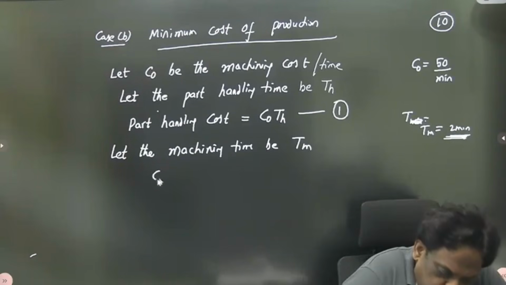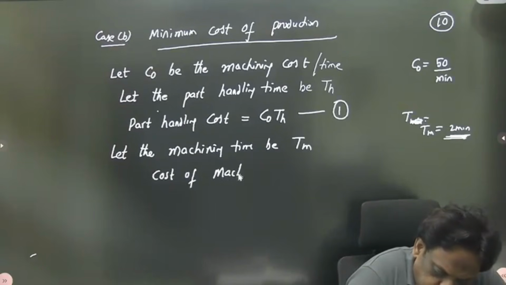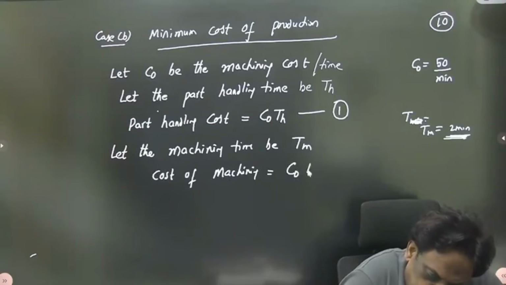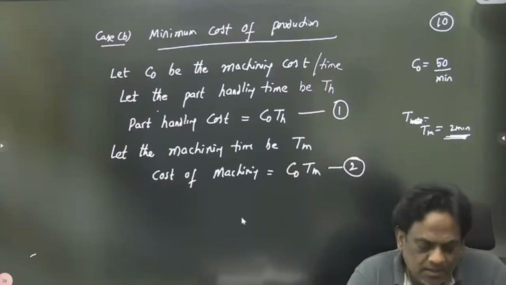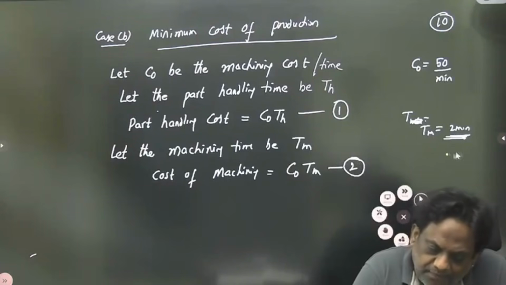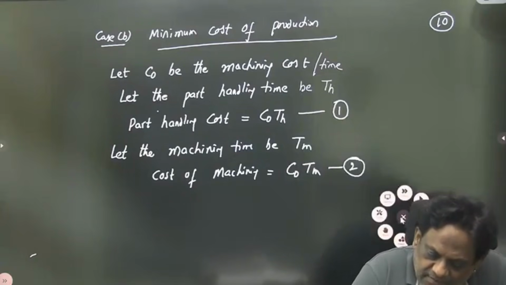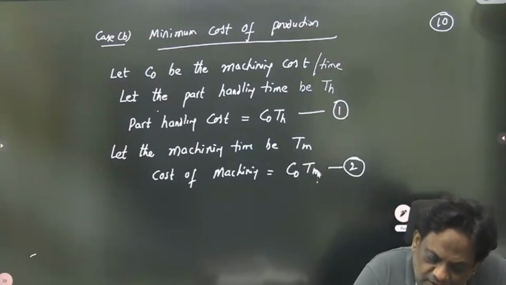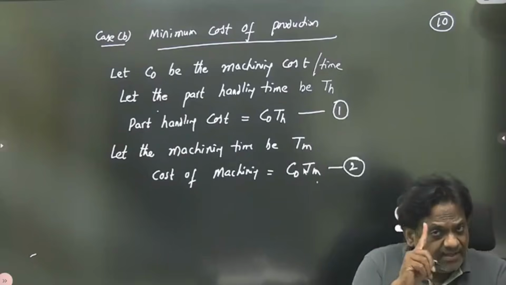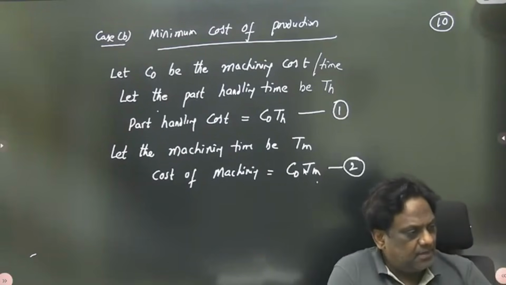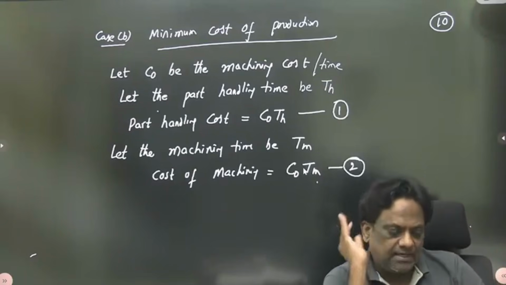Therefore, cost of machining is equal to C naught into Tm. Is this clear to everyone? If the machining time is Tm, for one piece he is charging C naught into Tm. Everything is per piece. Hope this is clear. Yes or no? That was the second.